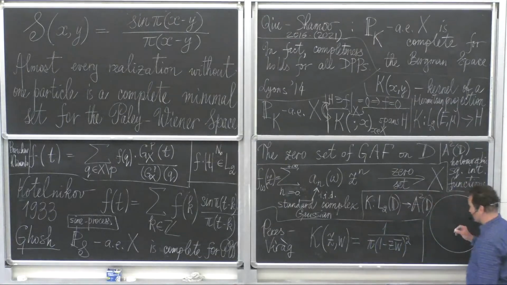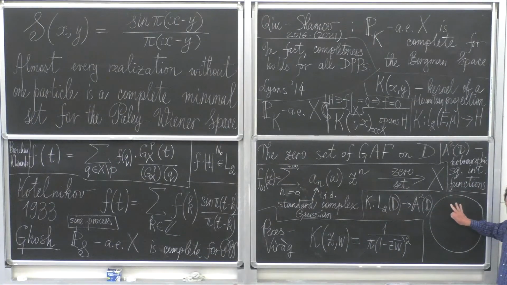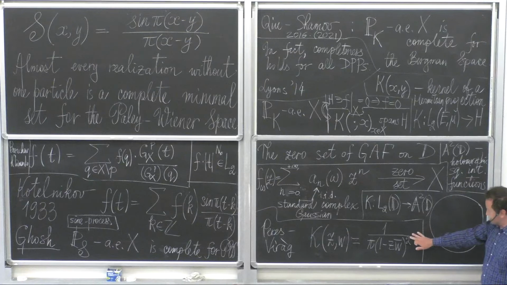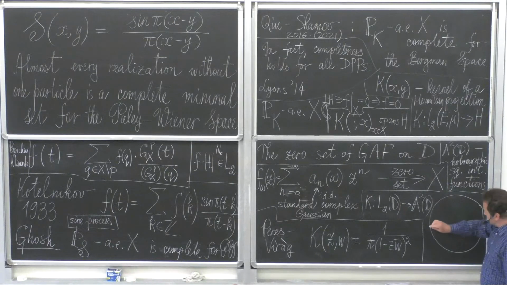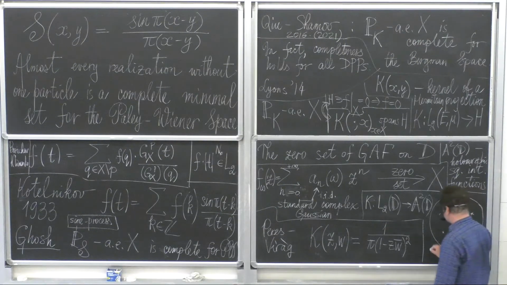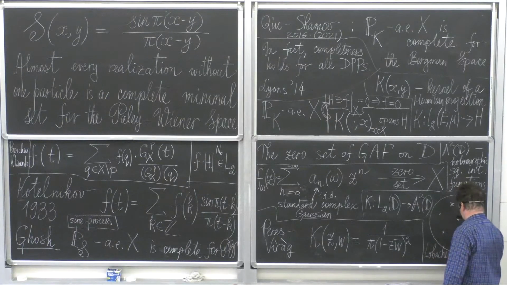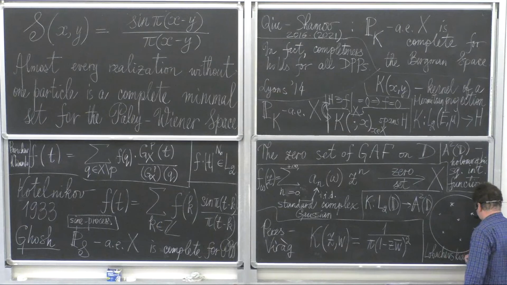it is very useful to note that the zero set, and it is clear from the Peres-Virág theorem, but it is, at least to me, not clear a priori. So it is useful to consider the unit disk as the Lobachevsky plane, and the distribution of the zero set is invariant under Lobachevsky isometries.